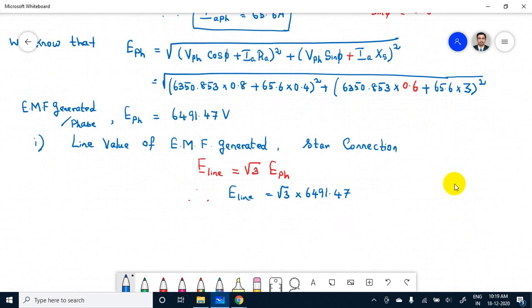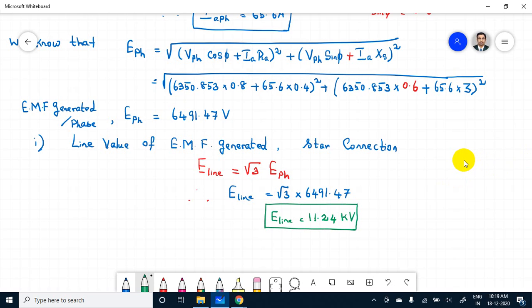E line how much? 11.24 kilovolt. Okay, this is line value of EMF generated.